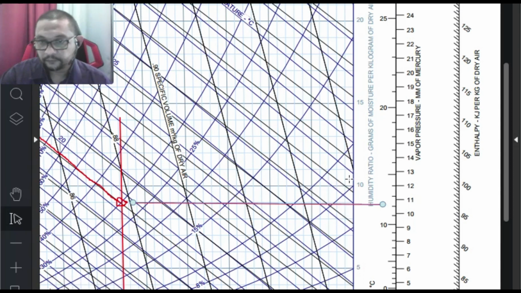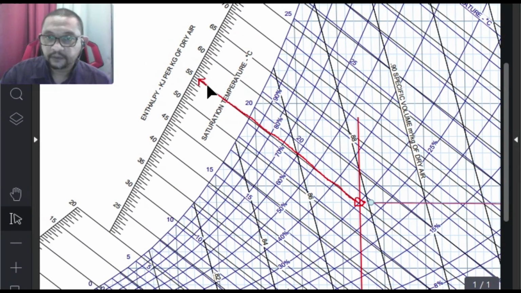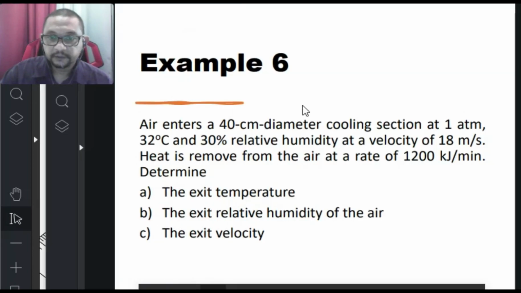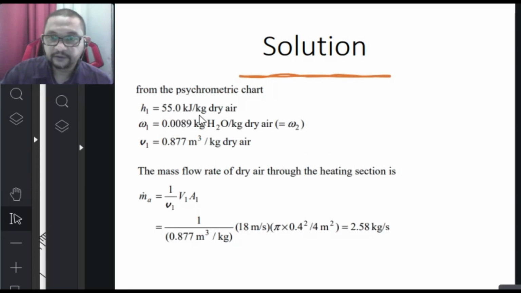From the chart, you can see the specific humidity is around 9 grams, so in kilogram of water per kilogram of dry air is about 0.009, and the enthalpy is 55 kilojoule per kilogram.